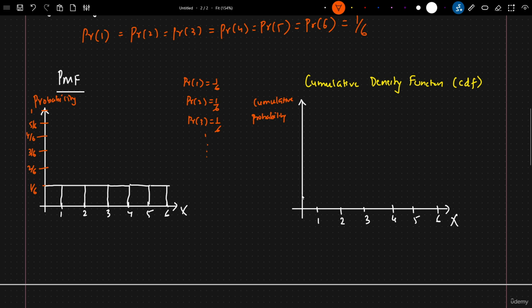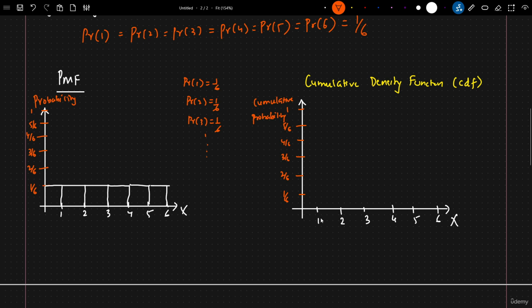And here I will also write 1 by 6, 2 by 6, 3 by 6, 4 by 6, 5 by 6, and this is 1. Now, let's understand what exactly the CDF is. Cumulative density function basically means we combine all the probabilities as we go from 1 to 6.